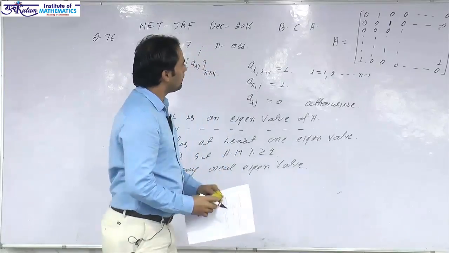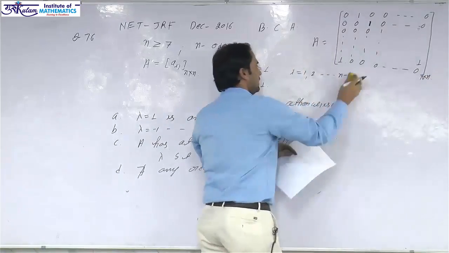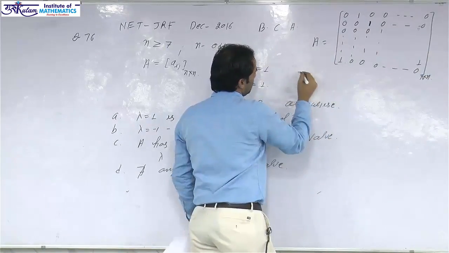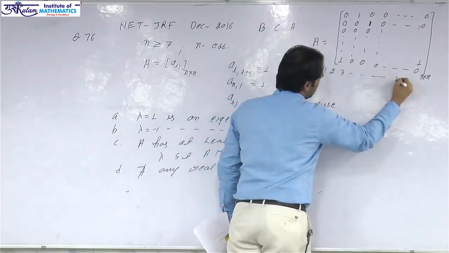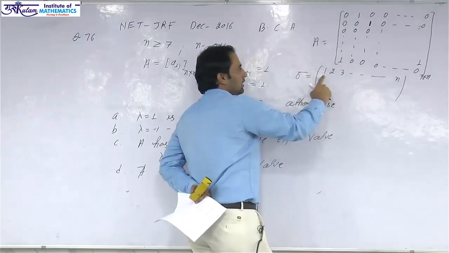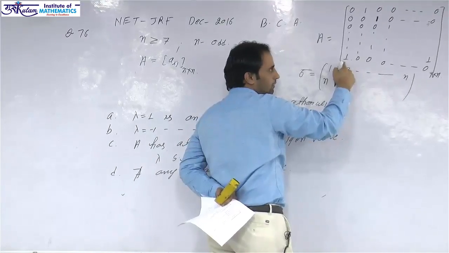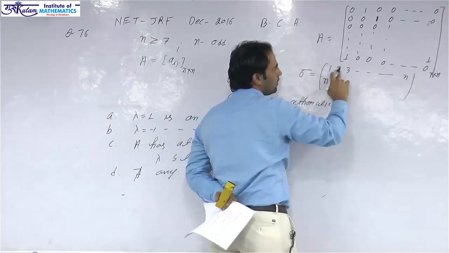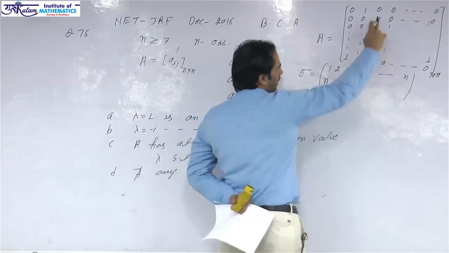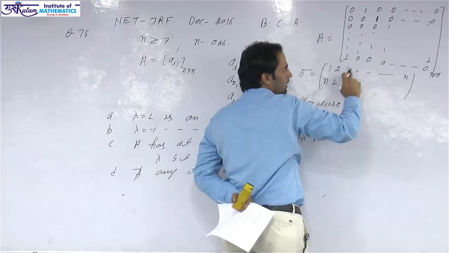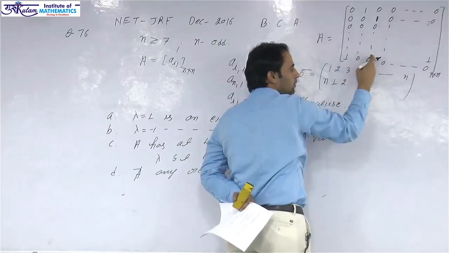So this is a permutation matrix of order n, and we can write down the permutation corresponding to it. The permutation is 1, 2, 3, up to n. The image of 1 is n, since this is the nth column of the identity matrix. The image of 2 is 1, and the image of 3 is 2, since this column is the second column of the identity matrix.